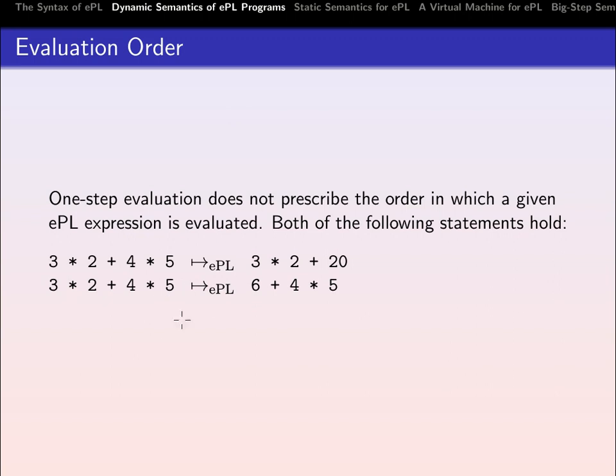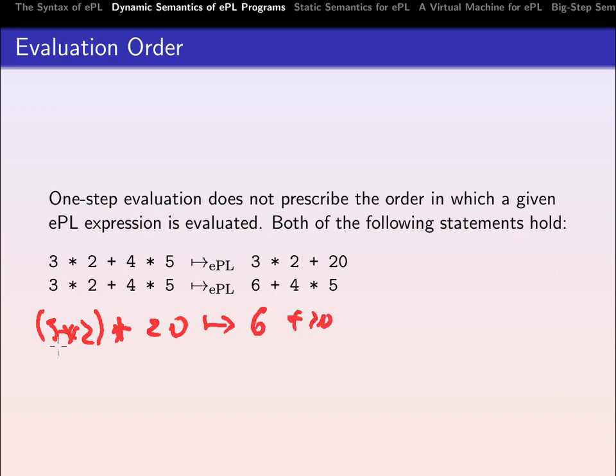So then we have 3 times 2 plus 20, right? So what applies here? Because 3 times 2 goes to 6, right? One step evaluates to 6. But how do we know that 3 times 2 one step evaluates to 6? So this would go to, let's draw the arrow, to 6 plus 20.